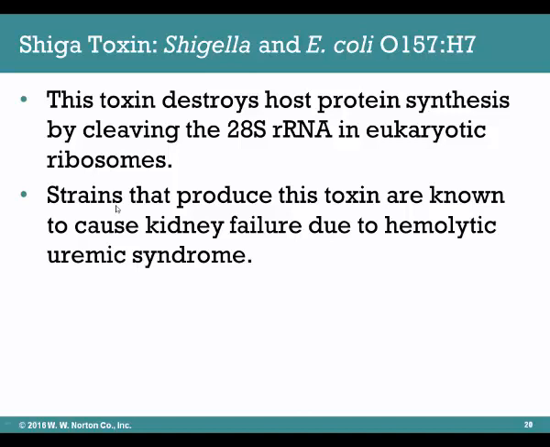And if that toxin gets to the kidney, it can result in hemolytic uremic syndrome, HUS, which is the lysis of blood cells that are being filtered by the kidney and can lead to kidney failure.